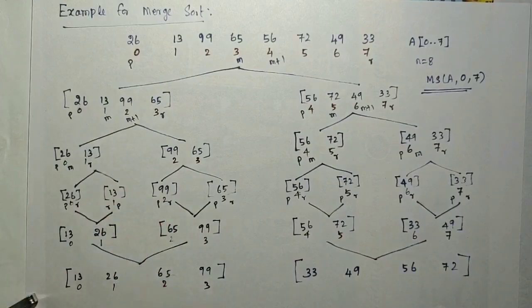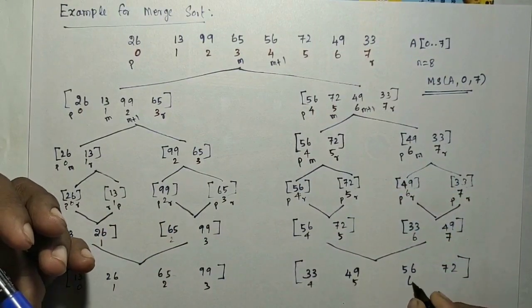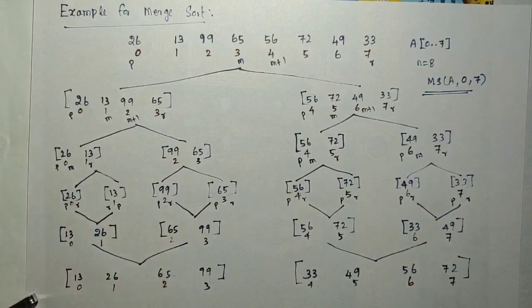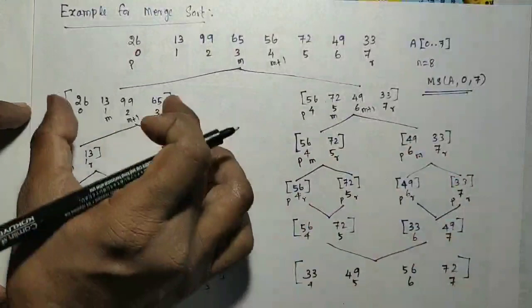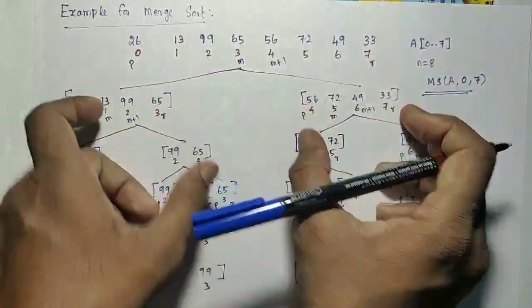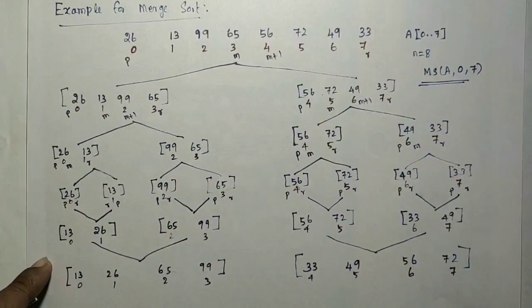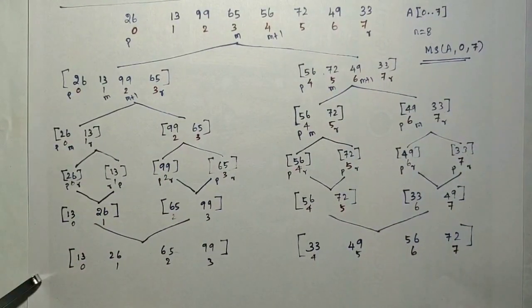So this is the result of the right half, that is 4, 5, 6 and 7. See, this one is sorted like this and this one is sorted like this. Next I have to merge these two. For that I need to apply the merge sort algorithm, so that it will be merged like this.